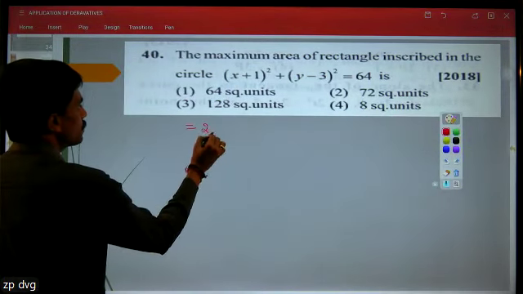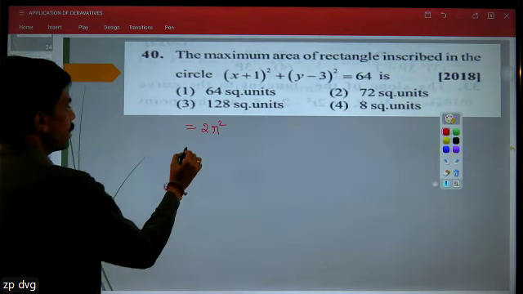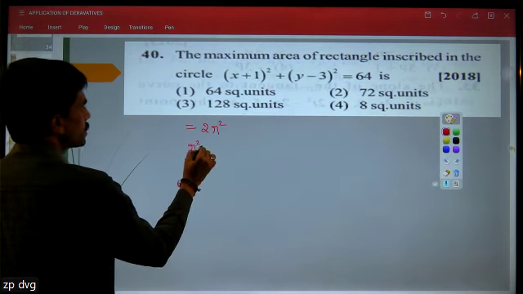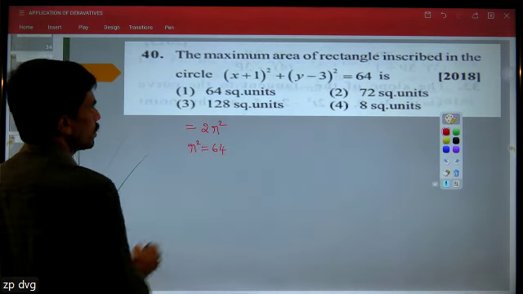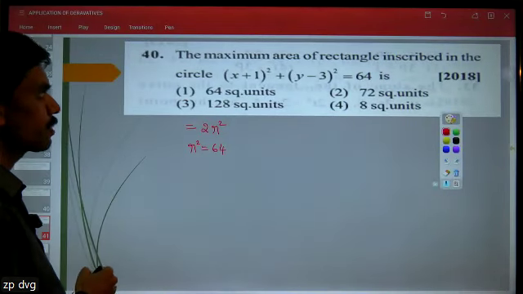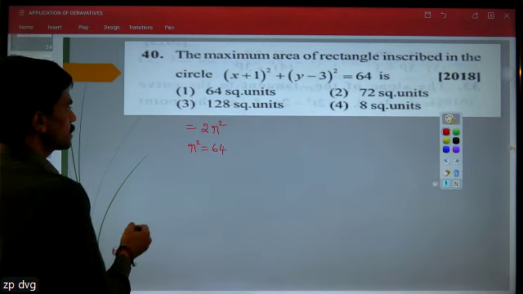Okay. So here the value of r square is equal to 64, because it is of the form (x minus h) whole square plus (y minus k) whole square equal to r square.